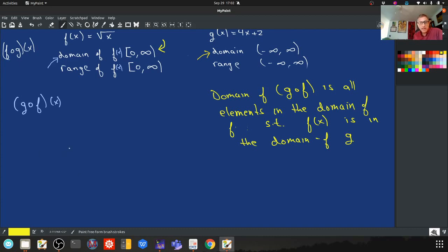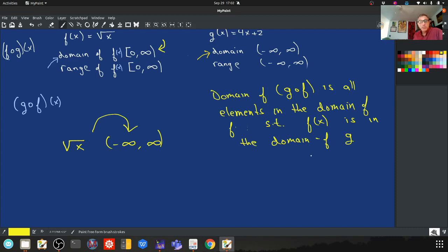So f of x, which is the square root of x, has to be in the domain of g. Well, the domain of g is minus infinity to infinity. And the square root of x is always in the domain of g, no matter what.